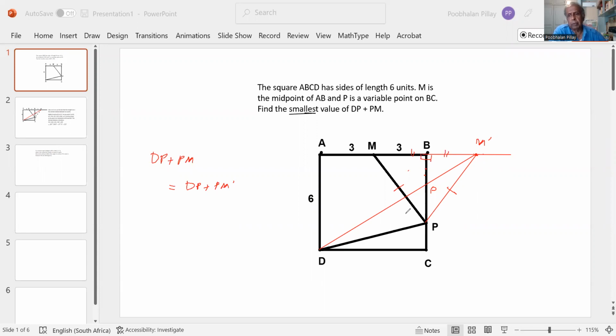Another way of looking at this is that the sum of two sides of a triangle is always larger than the third side. So this plus this will be larger than that.